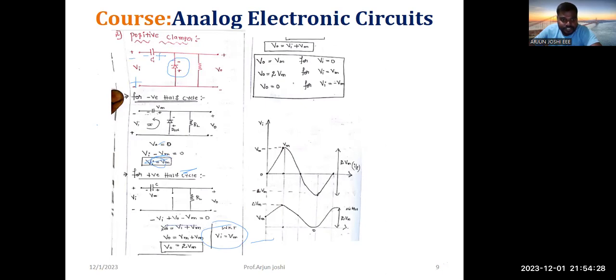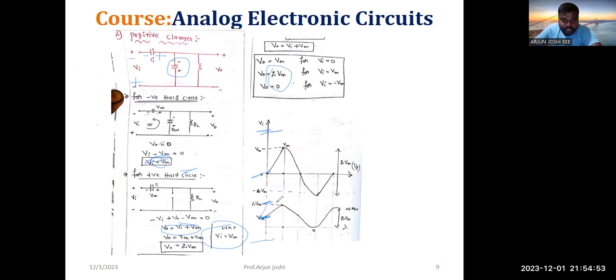Just concentrate on this equation, V naught is equal to Vi plus Vm. Whenever Vi is equal to 0, what is the output voltage? Vm, not minus Vm, it is a positive Vm. So I'm going to write plus Vm here. Next, whenever Vi is equal to Vm, Vm plus Vm, 2Vm. Where is 2Vm? Here 2Vm. This is normal Vm, 2Vm means double.